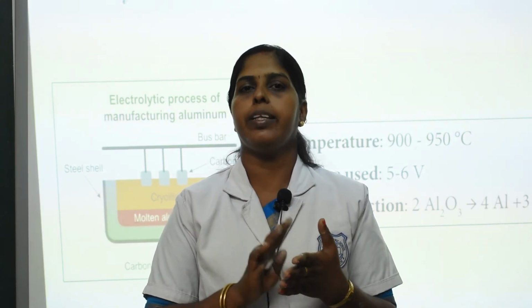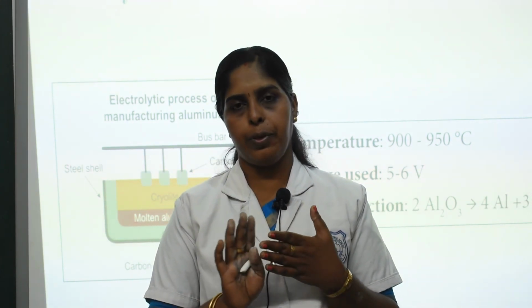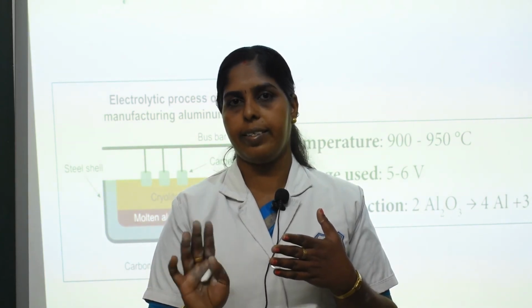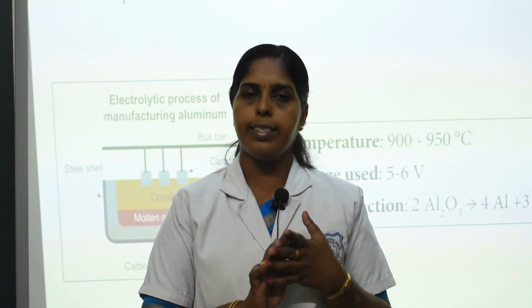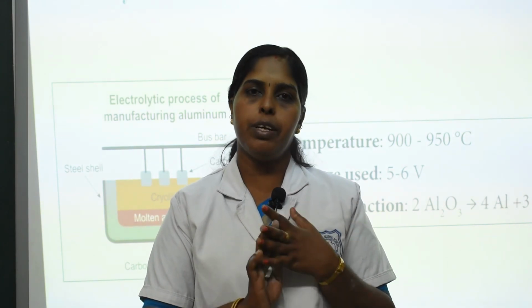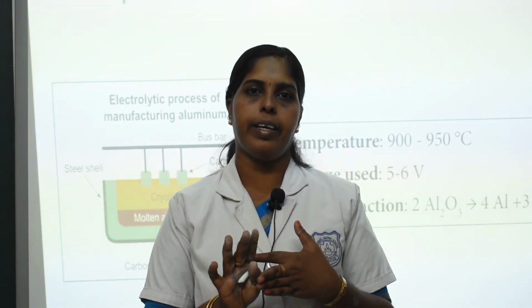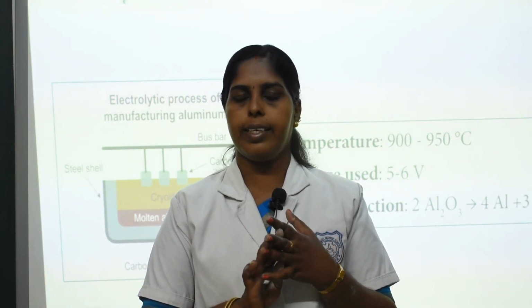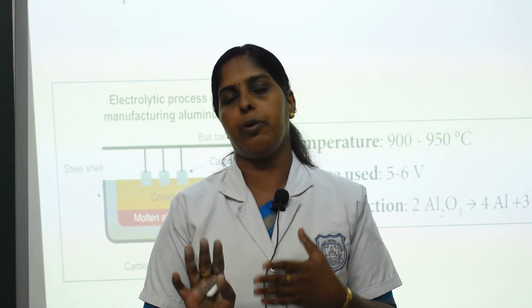With dilute sulfuric acid, aluminum forms aluminum sulfate and hydrogen, but with concentrated sulfuric acid, aluminum forms aluminum sulfate and sulfur dioxide.